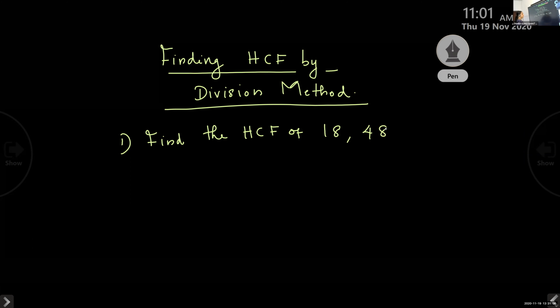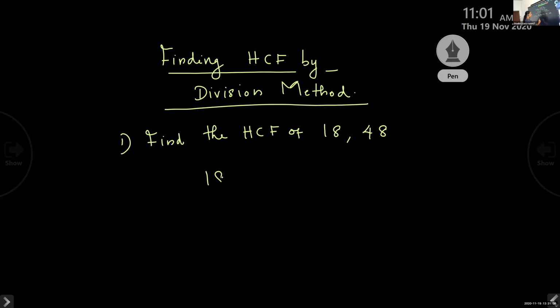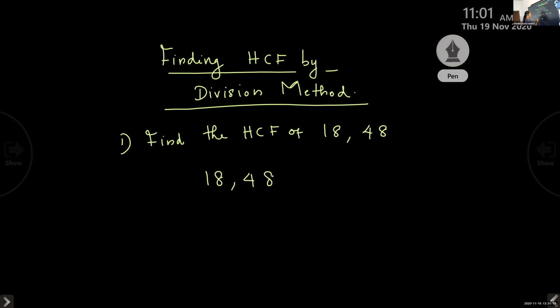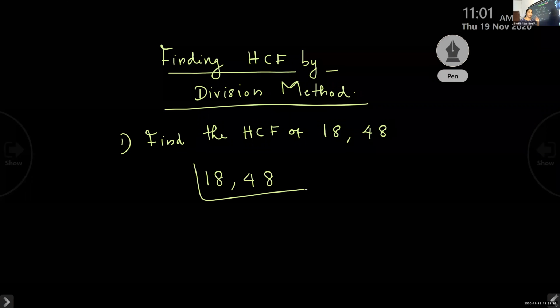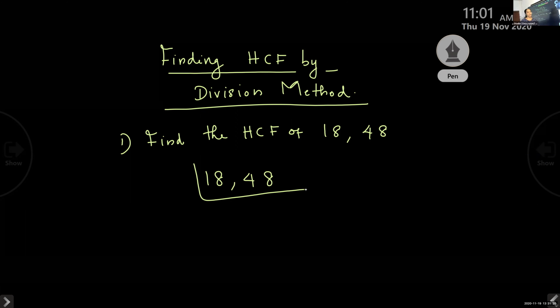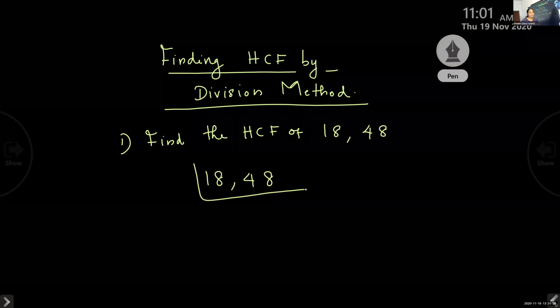The same process: we write the numbers and we divide downwards, but we take only common numbers, only common factors for this. In LCM, till the last we divide, till we get 1.